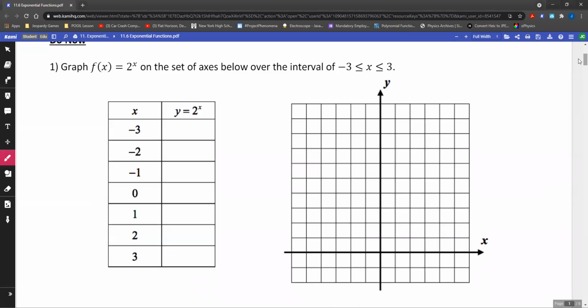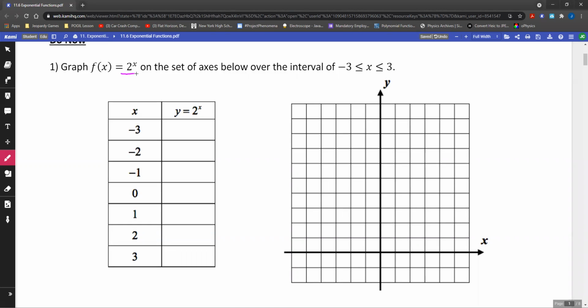If you have a graphing calculator, you can put this equation in the y equals section, and then when you go to the table over on the right, you can see what all these values are. If you don't do that, then you could just plug the numbers straight into the calculator and see what you end up getting.